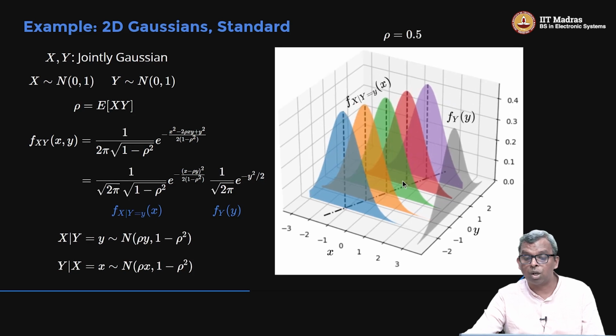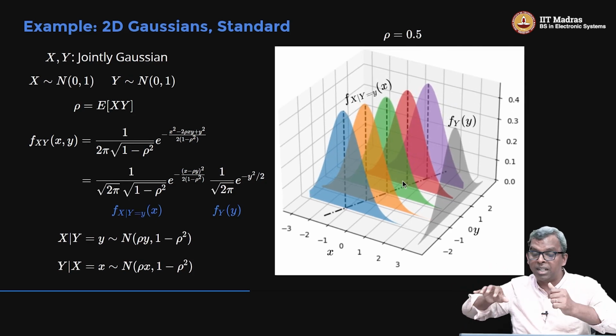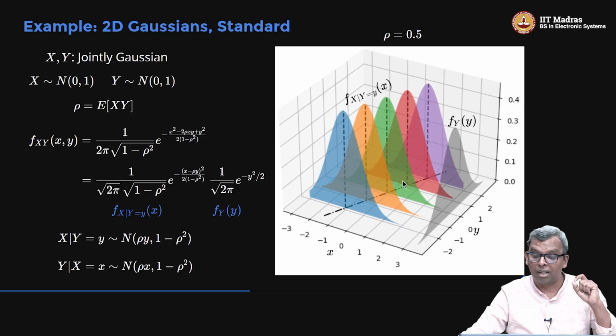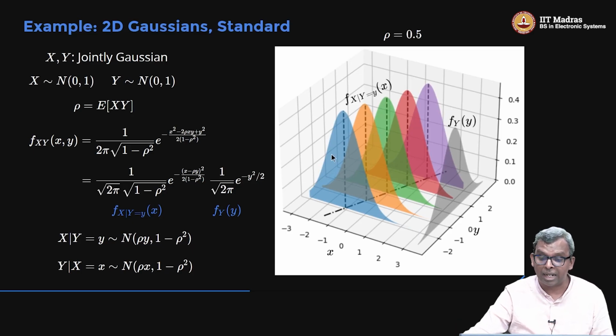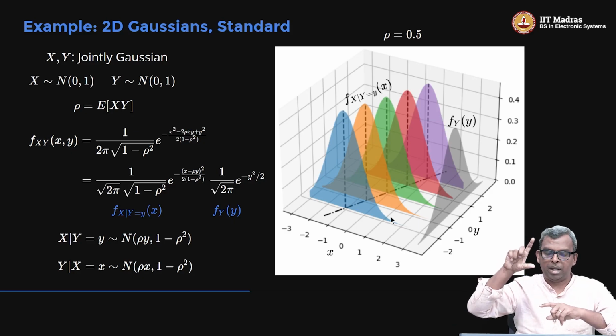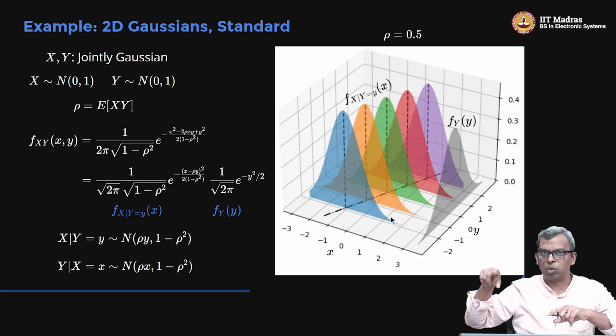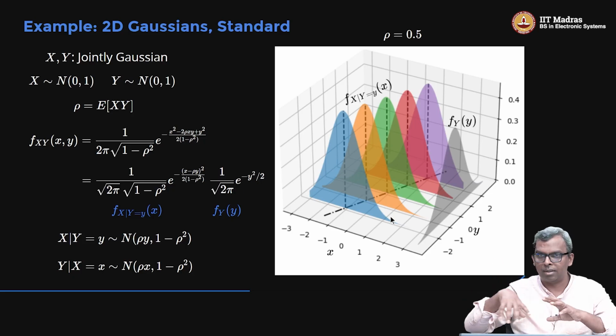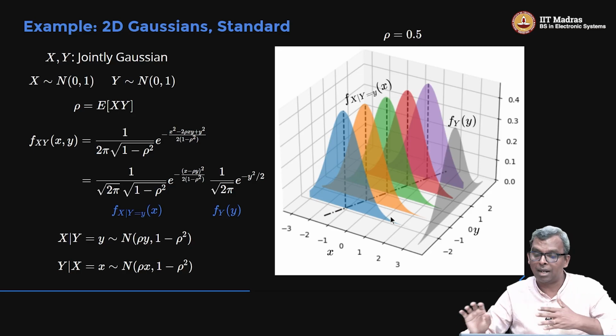Here that is not what is happening, they are stacking up differently. The peaks do not occur at x equals 0, they occur at x equals 0.5 y. This is that dotted line here that has the peaks. They all occur at 0.5 y, but the heights will be the same, because the variance is the same, 1 minus rho squared. So, the heights will be the same, but the peaks are aligned differently.